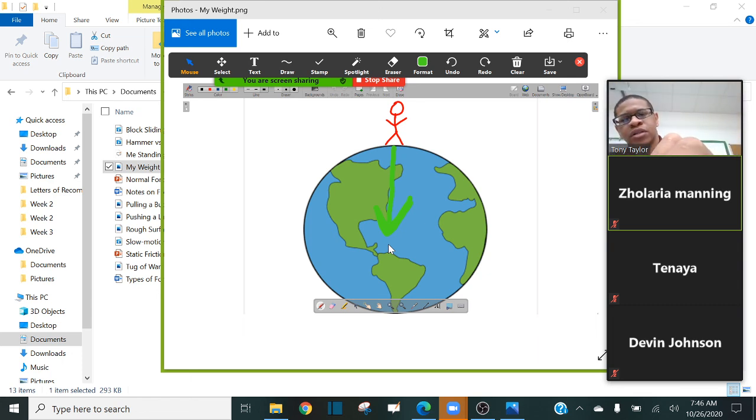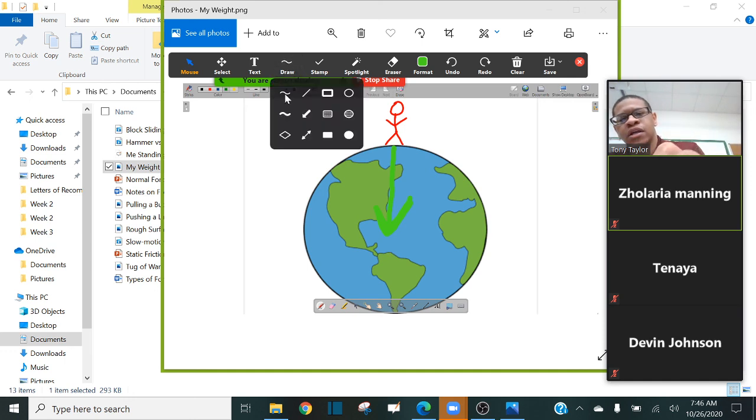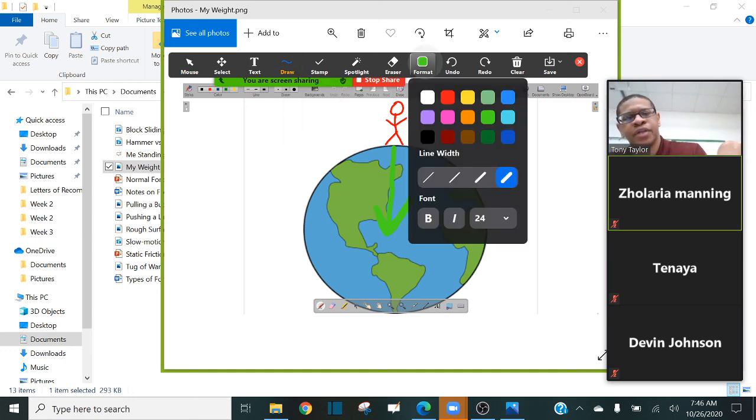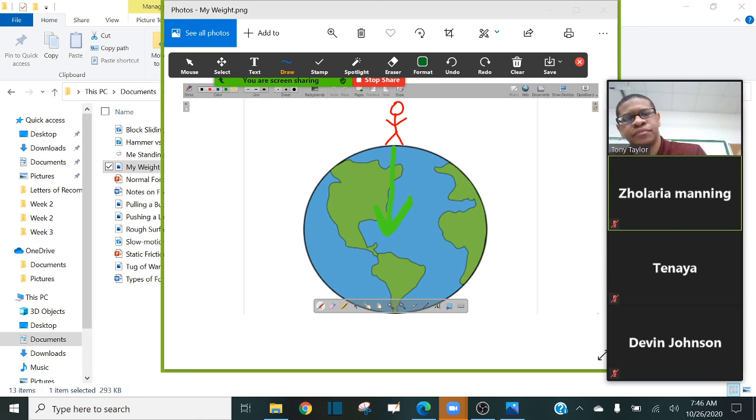If you guys remember, and I'm going to write this equation down, the force of gravity is equal to mass times what? Can someone tell me the equation for the force of gravity?